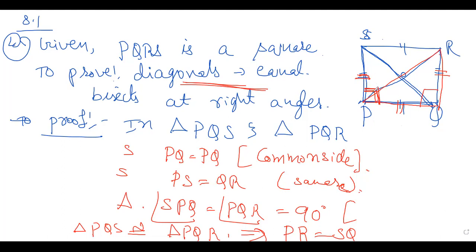Two sides and one angle. SAS postulate, isn't it? By the SAS postulate we proved both triangles are congruent. So directly you can say the diagonals are equal, by CPCT. Is it understood? So this is proved. First one is proved. Now we have to prove they intersect at 90 degrees.